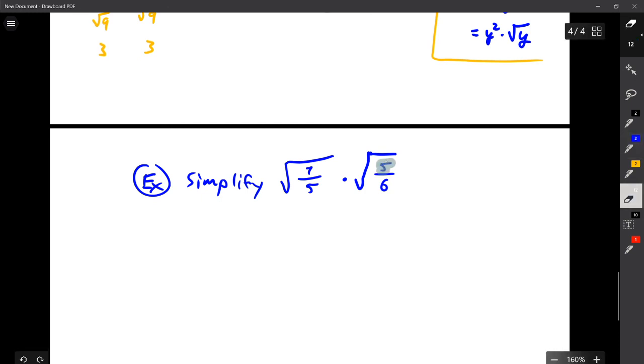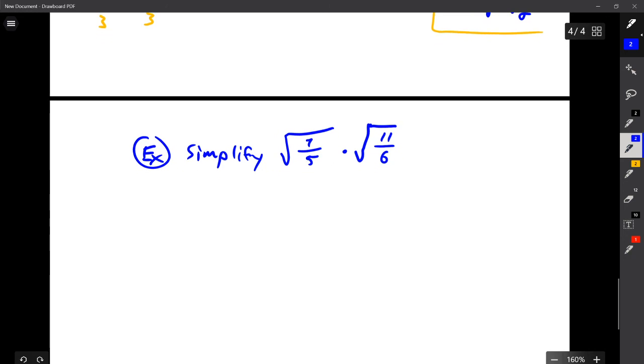No, I don't want to go 5/6. Let's go 11/6. All right. Nope, I don't like that either. I'm going to change this denominator. Let's go tenths, 11/10. Okay.